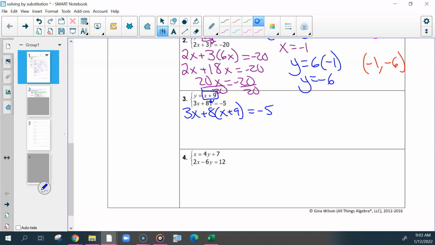I only have one variable, so I know I substituted correctly. And then I can start solving. 3x plus 8x plus 72 equals negative 5. Combine your like terms to get 11x plus 72.